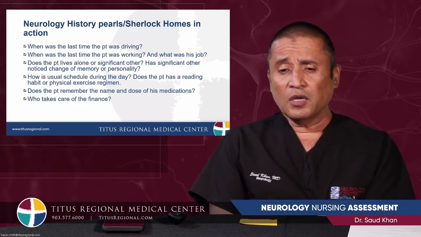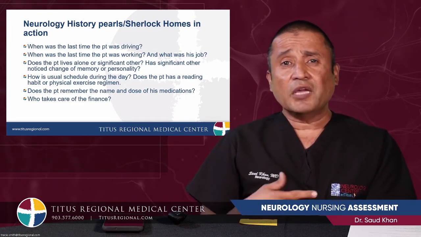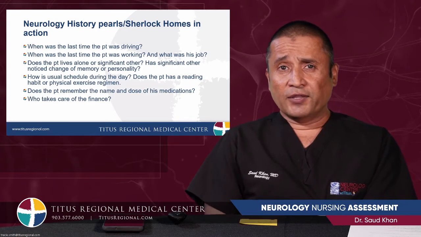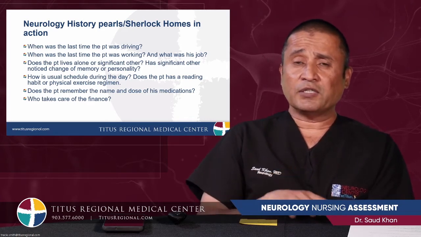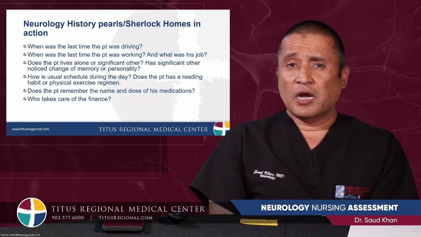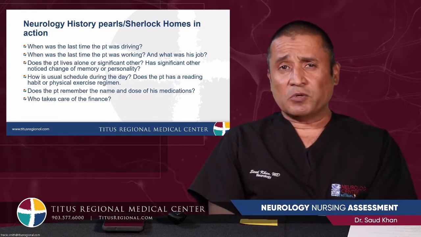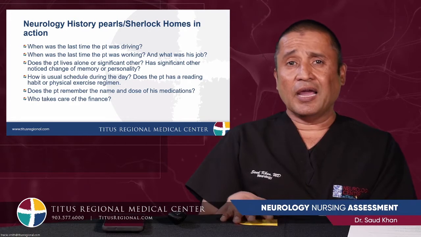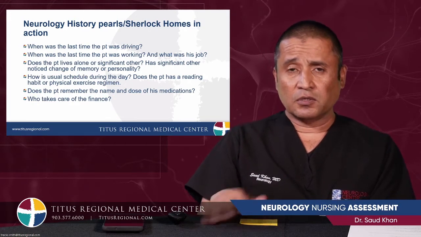These are the major pieces of information from the history, and when you put all the records in EPIC, that can provide us a good baseline history and possible diagnosis.